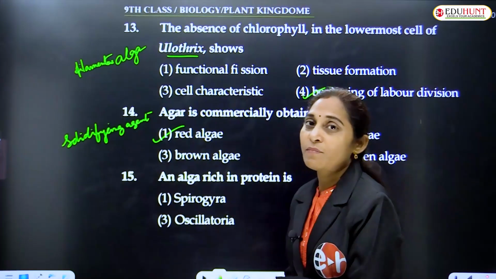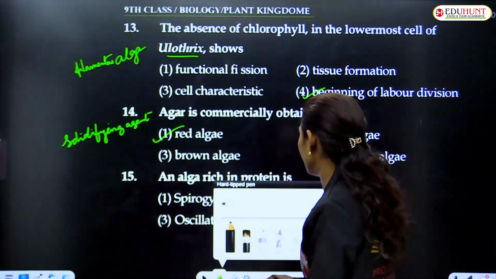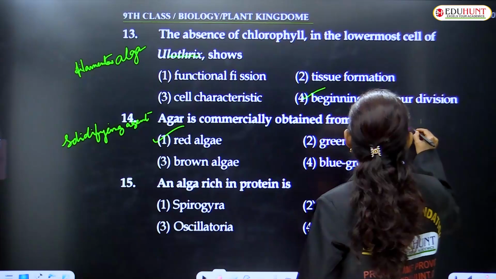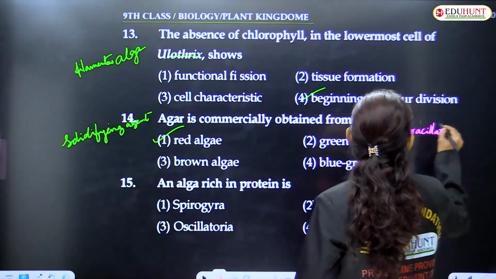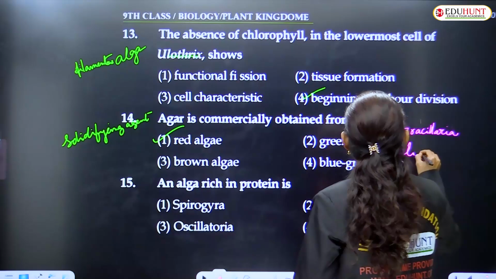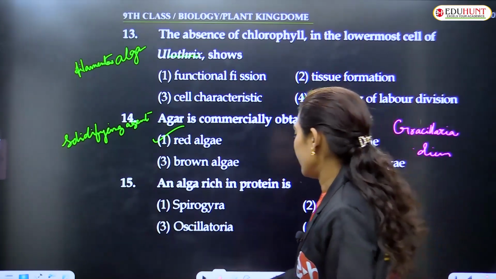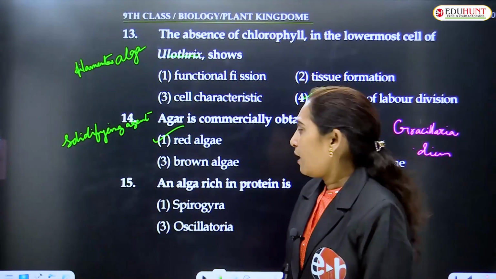It is obtained from red algae. Examples are Gracilaria and Gelidium. Remember these examples.